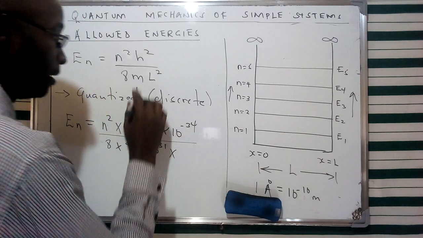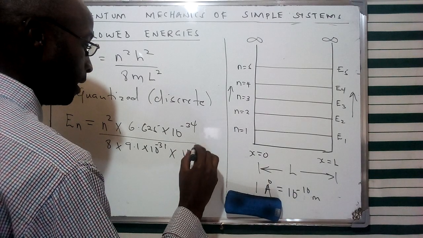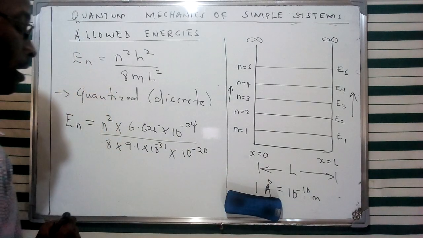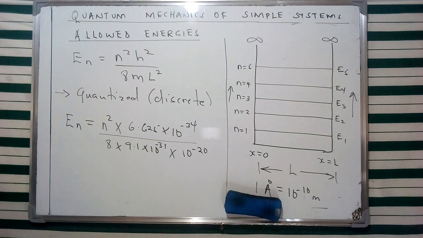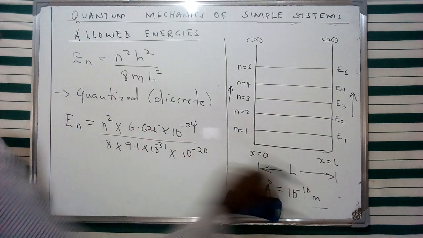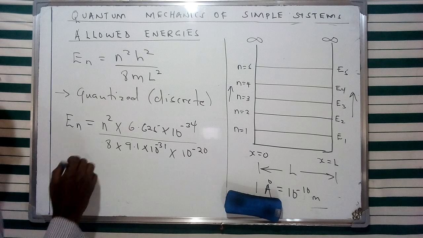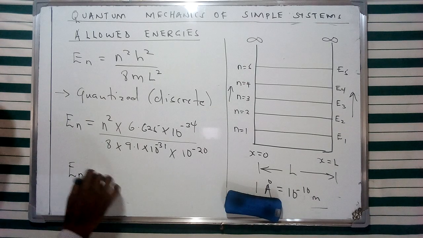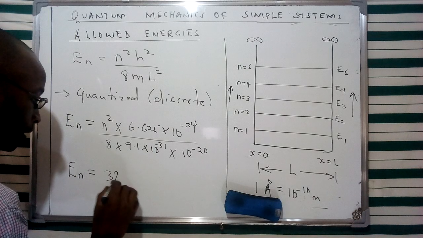Therefore, the square of 10 raised to -10 is equivalent to 10 to the power -20, and that is in terms of meters. So we have converted this specific length of 1 angstrom into meters, which is 10 raised to -10. This basically gives us a value for the eigenvalue.